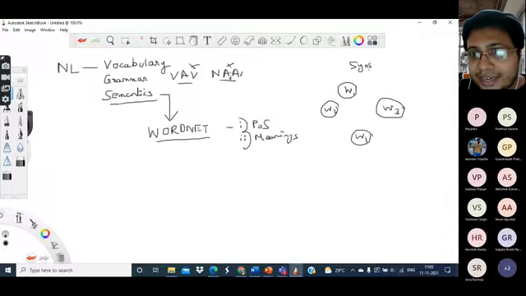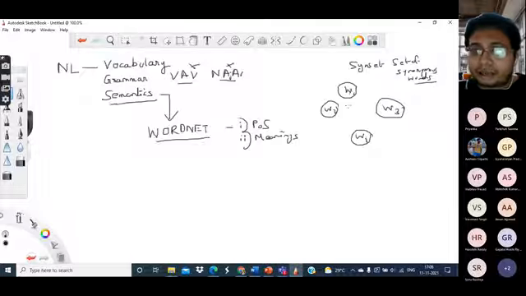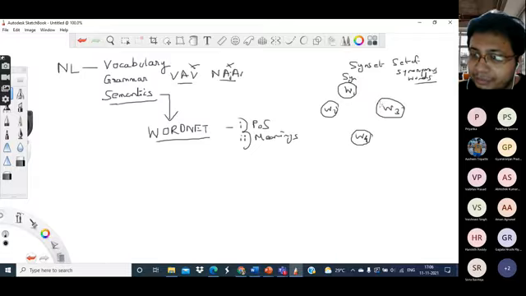What is a synset? A synset is a set of synonymous words. So in the WordNet graph, the vertices W1, W2, W3, W4, etc. are actually nothing but synsets. These are not necessarily individual words. They are synsets, that is to say, they can be several synonymous words also.